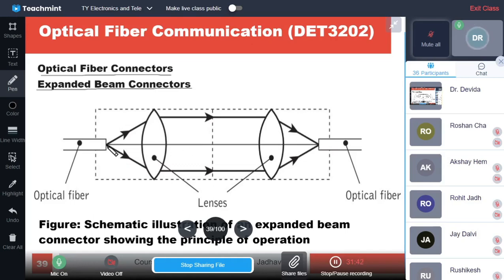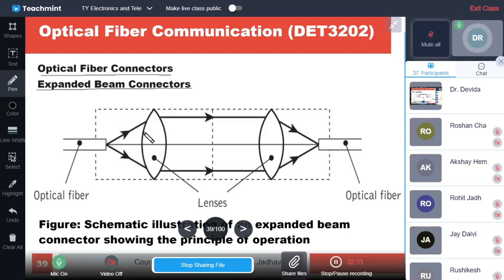And whenever there is a source on the focal point of the lens, the source is emitting optical radiation in all directions, giving a divergent beam.